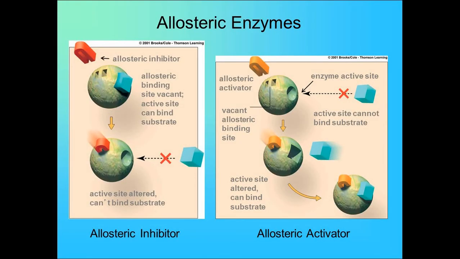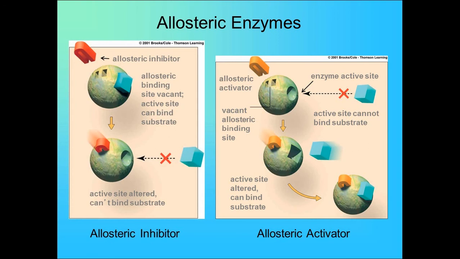Enzymes come in two separate categories, those that are on all the time and those that have an on-off mode. Those that have an on-off mode, or an active and inactive form, are called allosteric enzymes.